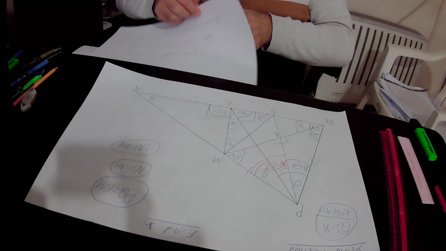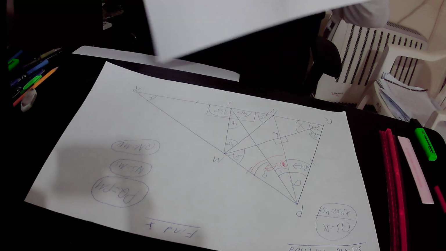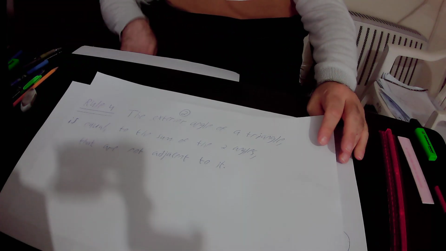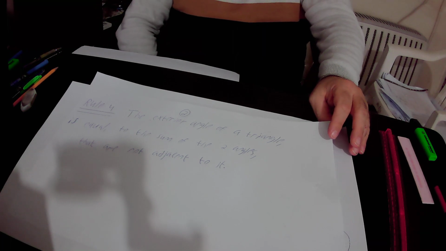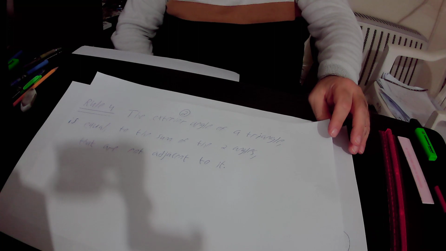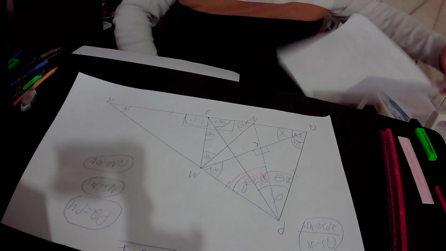Okay, then I presented to you rule number 4. According to rule number 4, the exterior angle of a triangle is equal to the sum of the two angles that are not adjacent to it. So what is the meaning of rule number 4?